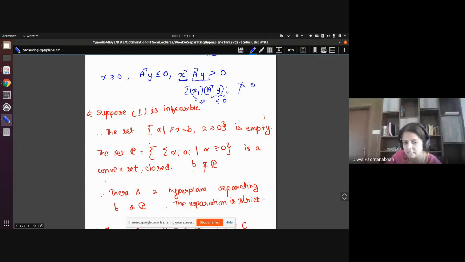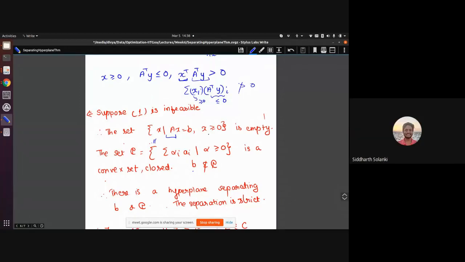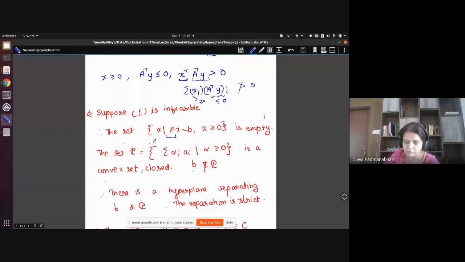The particular cone that we're looking at is the set of all non-negative combinations of the column vectors of A. So is this clear? These two sets are actually the same. Yes, ma'am. So we are saying that B does not belong to this set.